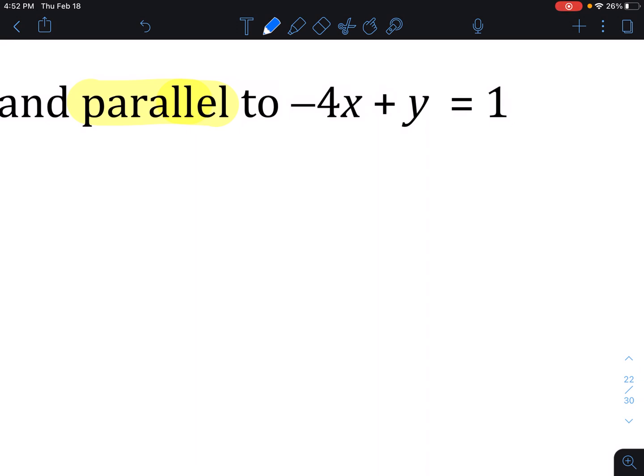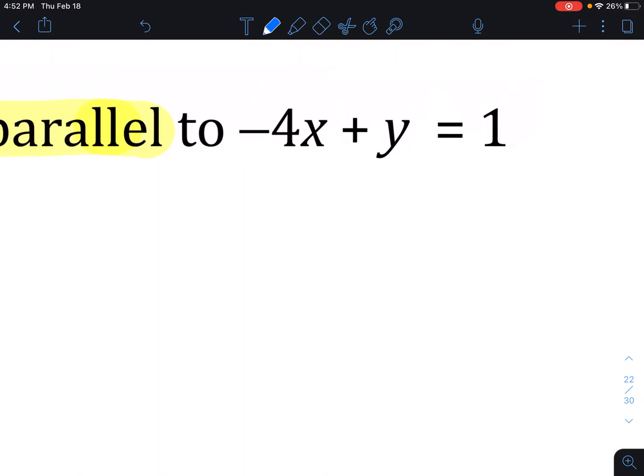That's in standard form. That's not in slope-intercept form. In order to tell what the slope is, it's got to be in slope-intercept form. So what we need to do is get y by itself, and that's real simple. We would just add 4x to both sides. In other words, we're moving it to the right, changing the sign.